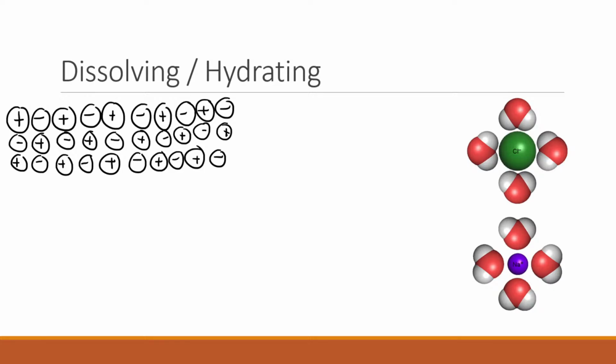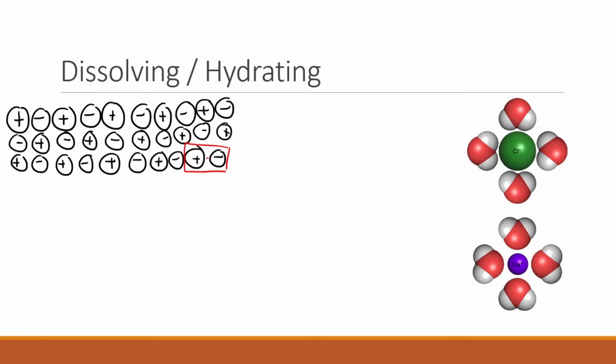Today we are going to talk more about solubility, looking at which ions are more attracted to each other than they are to the water's polarity, than the pull of the water. We talked about this a little bit last time, where we said these two ions are attracted to each other.